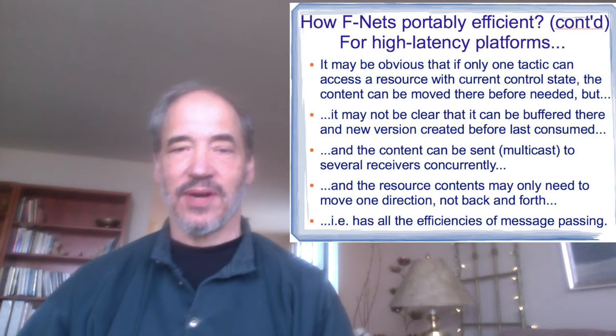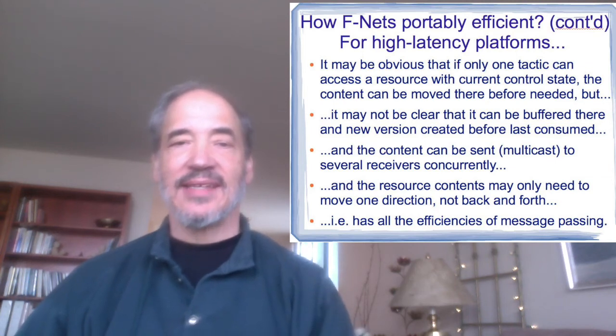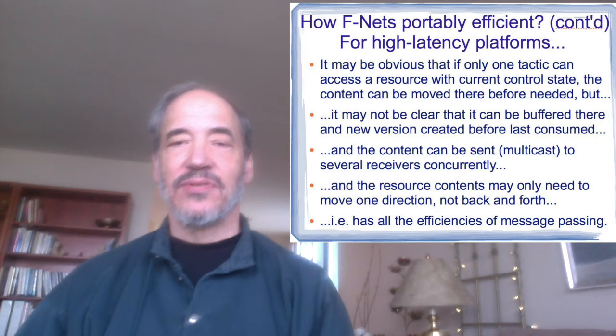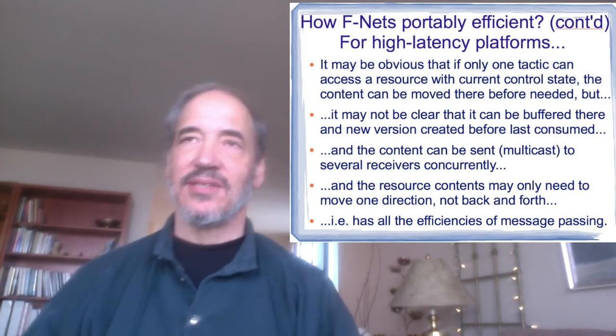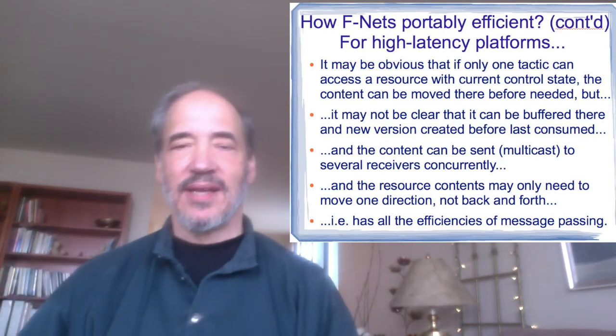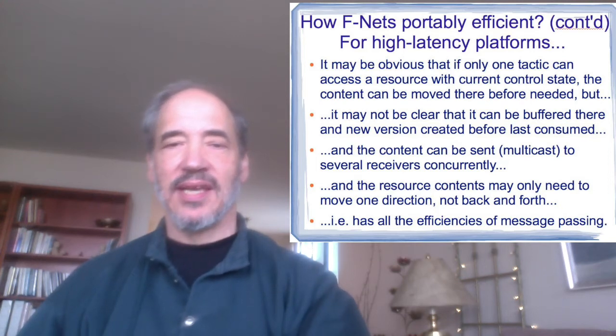But again, we'll describe that in a minute. And it may not be clear that the content can be sent or multicast to several receivers concurrently, and it may not be obvious that the resource contents may only need to move in one direction, not back and forth. These resources make it look like the resource contents are moving back and forth, but those arrowheads should be a hint that that's not necessarily required.